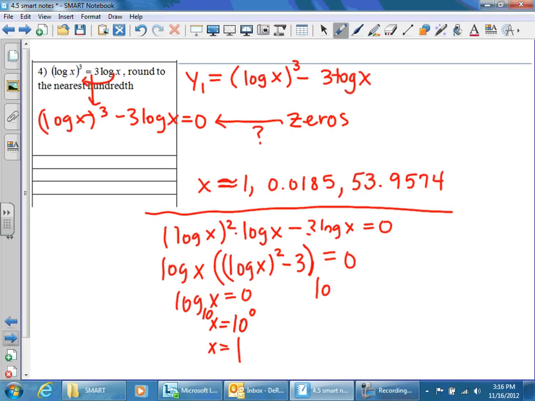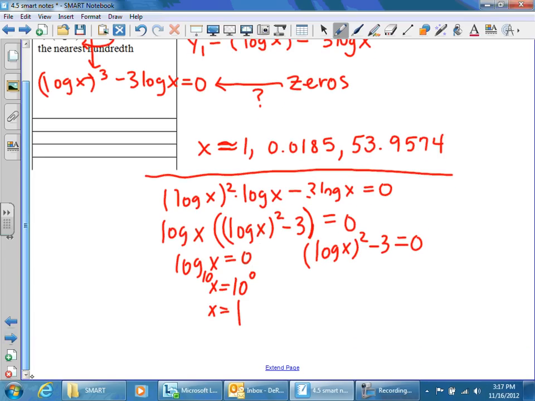Now I can set log of x squared minus 3 equal to 0. So let's see. Log of x squared equals 3. So log of x is going to equal plus or minus the square root of 3. Don't forget that plus or minus.